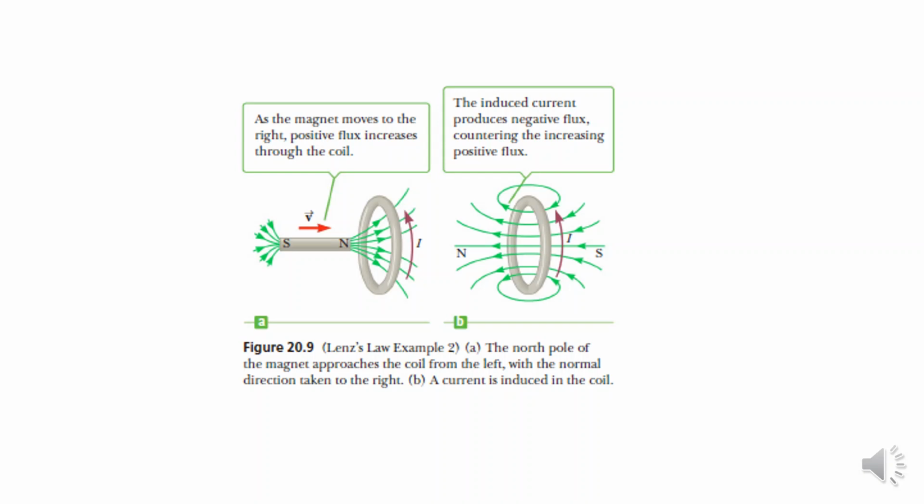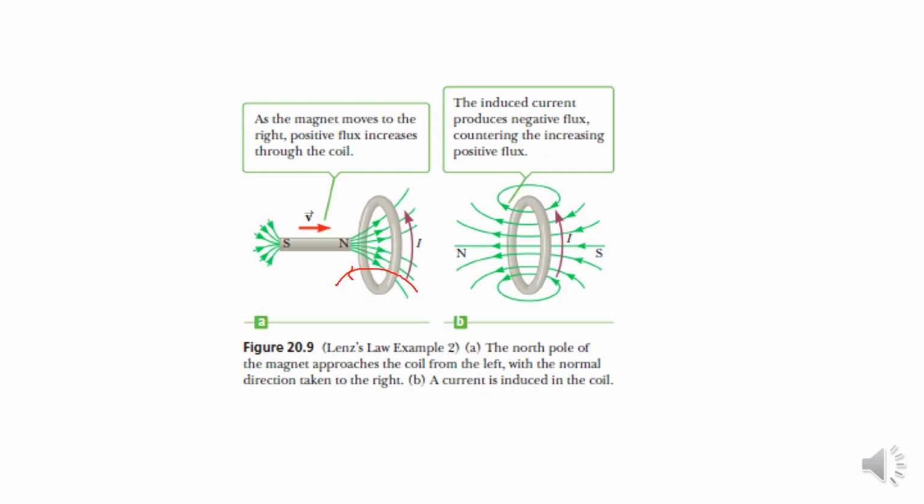Now we apply Lenz's law. The induced current here will create a new flux that will oppose the direction of the original flux, so it will be in the opposite direction like this.